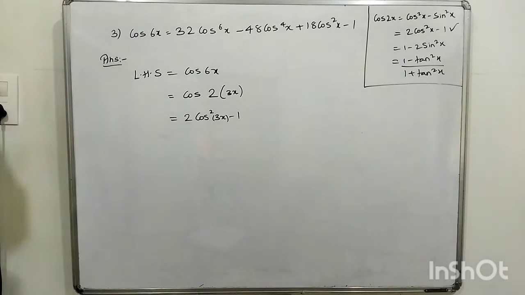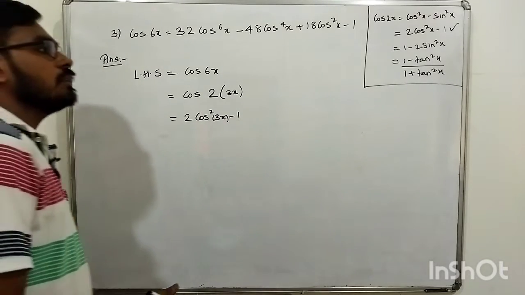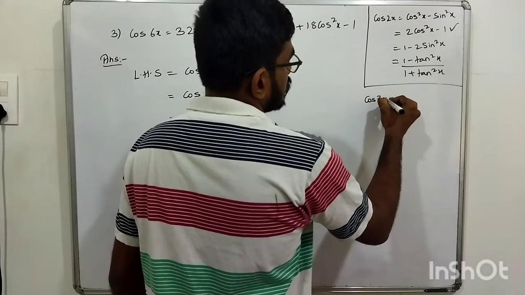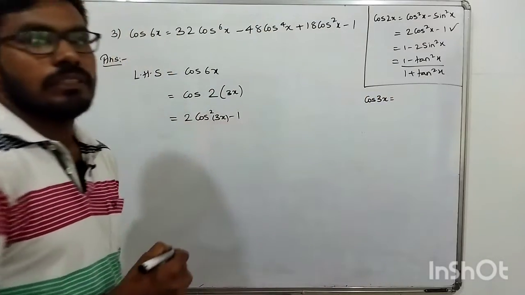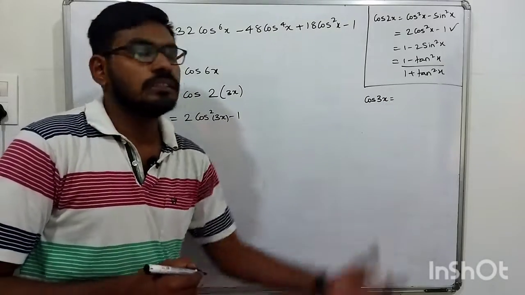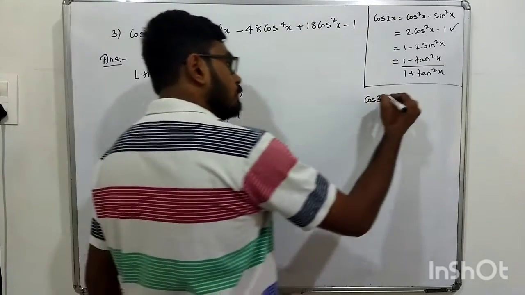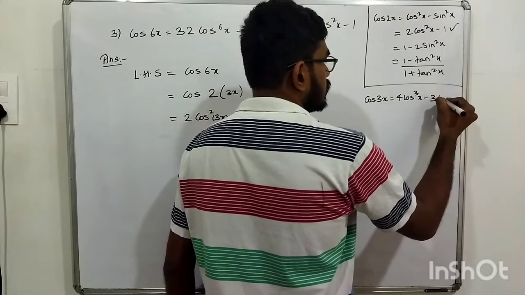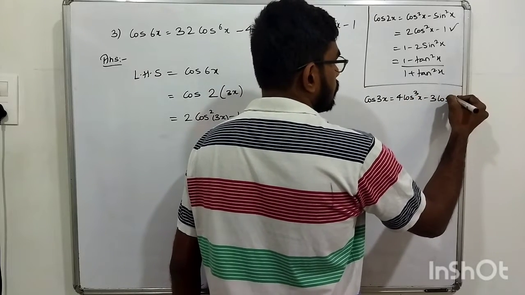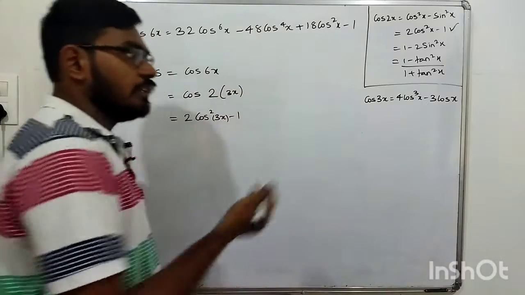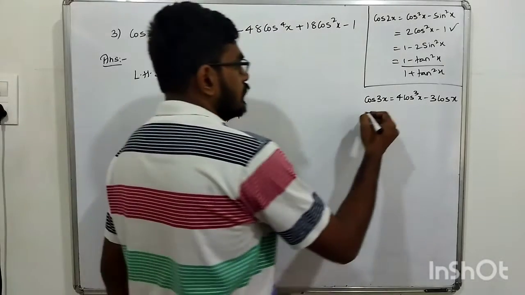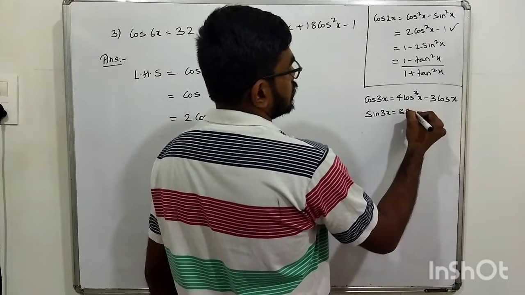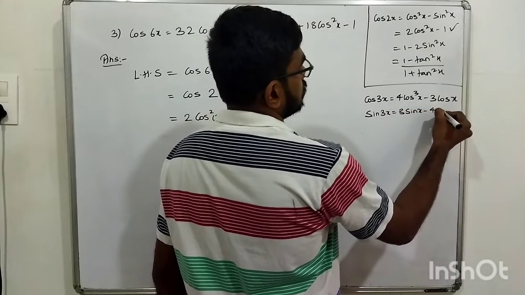Now we have to remember the formula for triple angles also. What is the formula for triple angle? Cos 3x. This also we have derived in the previous class. Cos 3x is 4 cos cube x minus 3 cos x. This is a triple angle. Similarly, we have triple angle for sine. Sin 3x is 3 sin x minus 4 sin cube x.